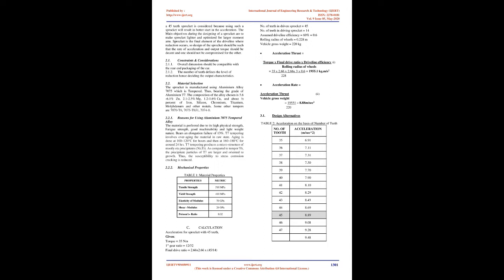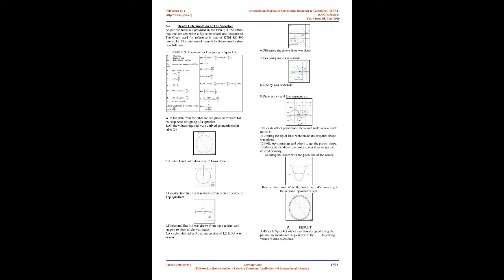The sprocket is manufactured using aluminium alloy 7075 which is tempered, thus bearing the grade of aluminium T7. The composition of the alloy chosen is 5.6 to 6.1% Zn, 2.1 to 2.5% Mg, 1.2 to 1.6% Cu, and about 0.5% of iron, silicon, chromium, titanium, molybdenum and other metals.